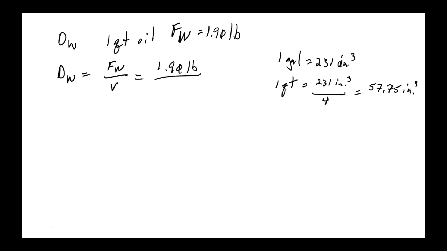They rounded to 57.8. Don't ever round in the middle of a problem. Wait till the very end to round. They're introducing an error there. So we're going to use 57.75 cubic inches. So do that math. Calculator time.